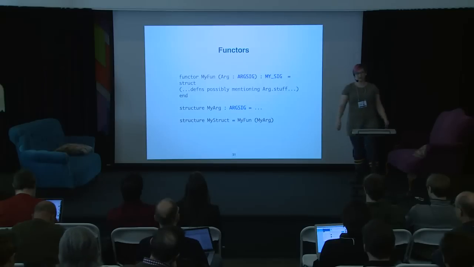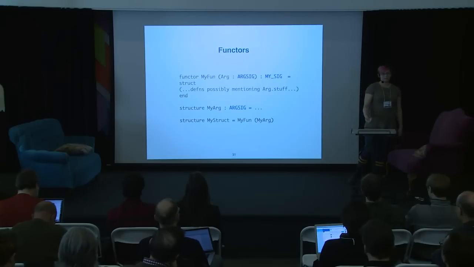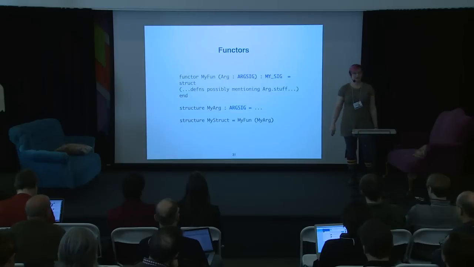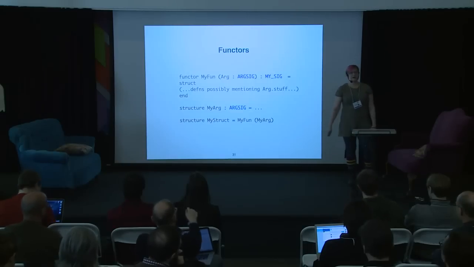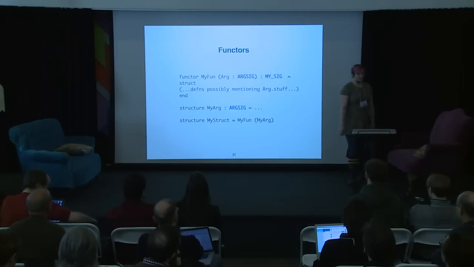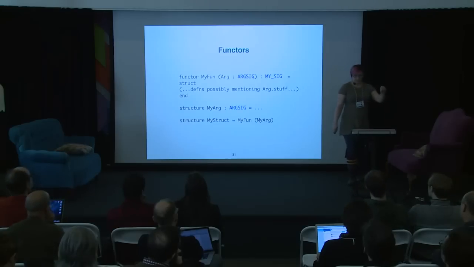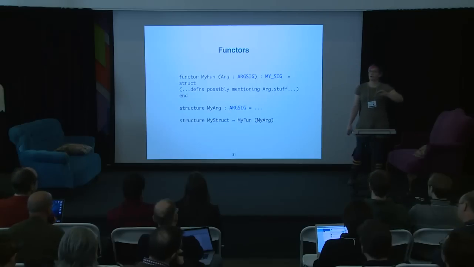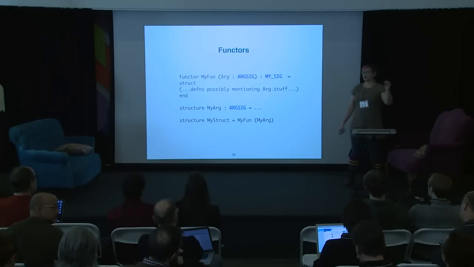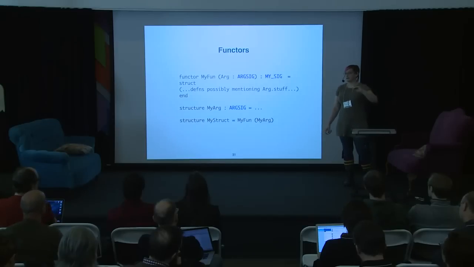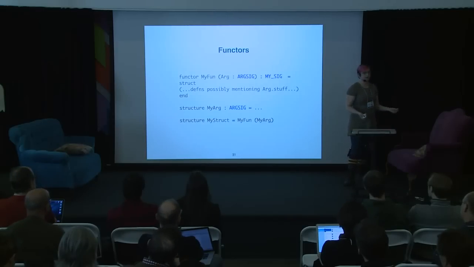And in general, they have this shape where you declare a functor with some name, in this case MyFun, and you take some argument here called Arg. You tell it what signature you expect that argument to match. And then you can optionally give a description, in this case the signature MYSIG, for the resulting structure that happens when you apply the functor.